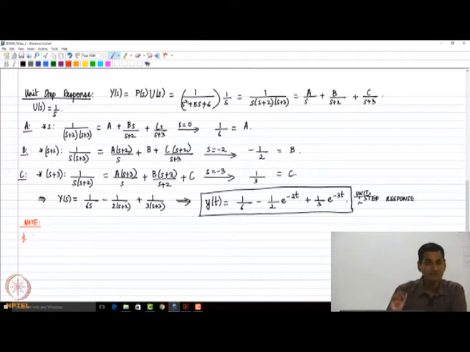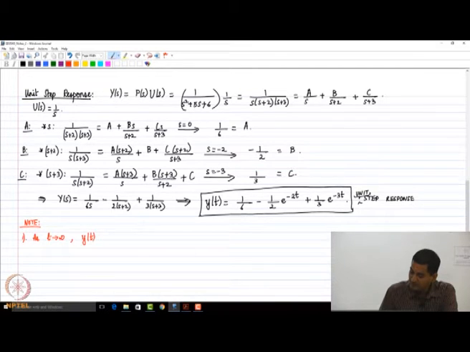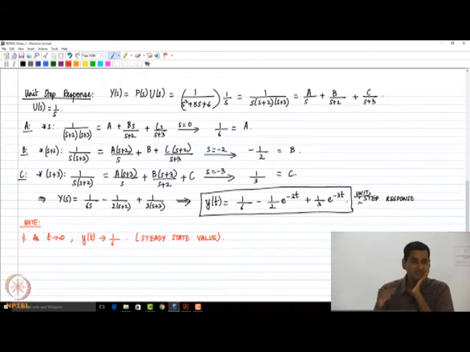Let me write down whatever you are summarizing. As t tends to infinity, y of t tends to 1 by 6. Right, that's what you want to convey. So this is what is called the steady state value. So the value of y of t tends to 1 by 6 as t tends to infinity. Okay, good. Any other observation?